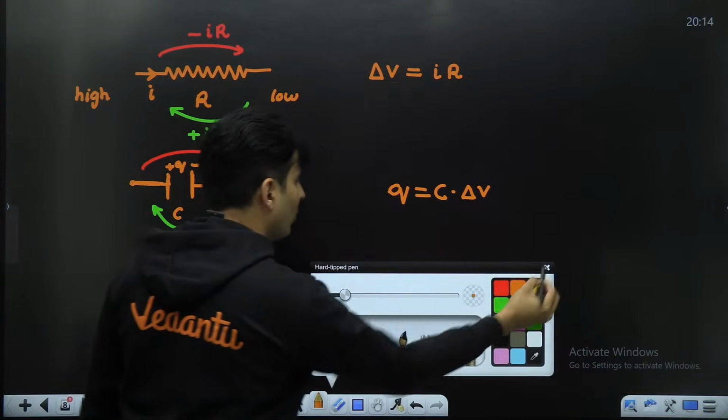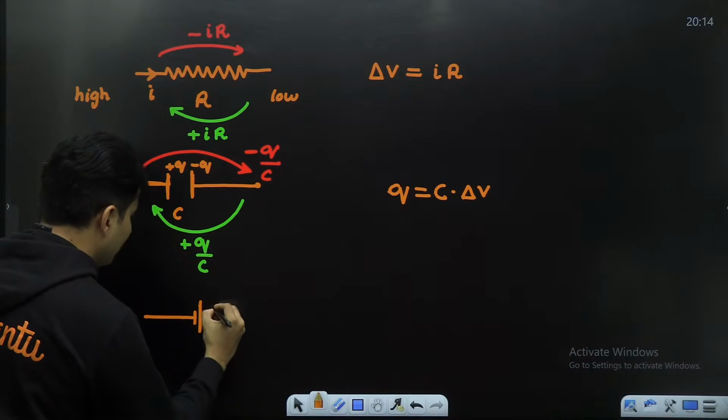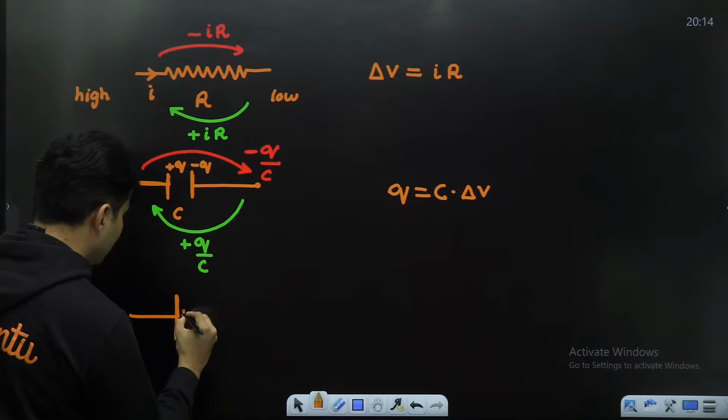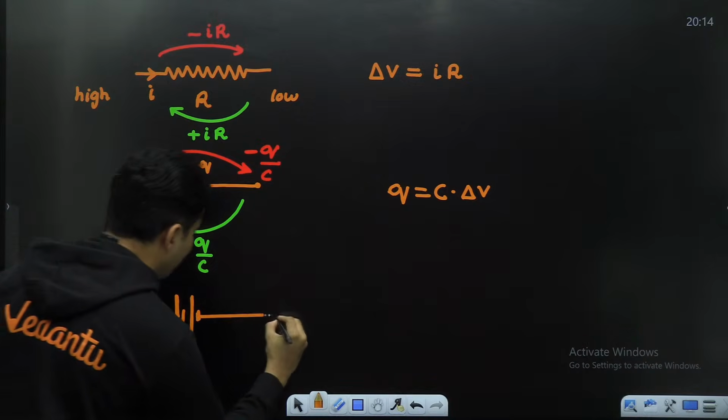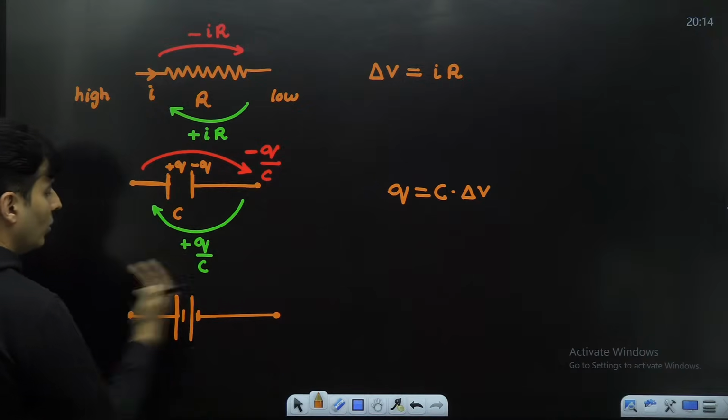And lastly, the only element left is a battery. So if you have a cell like this, left side is high, right side is low. Same thing I'm using everywhere. High, low, high, low, high, low.